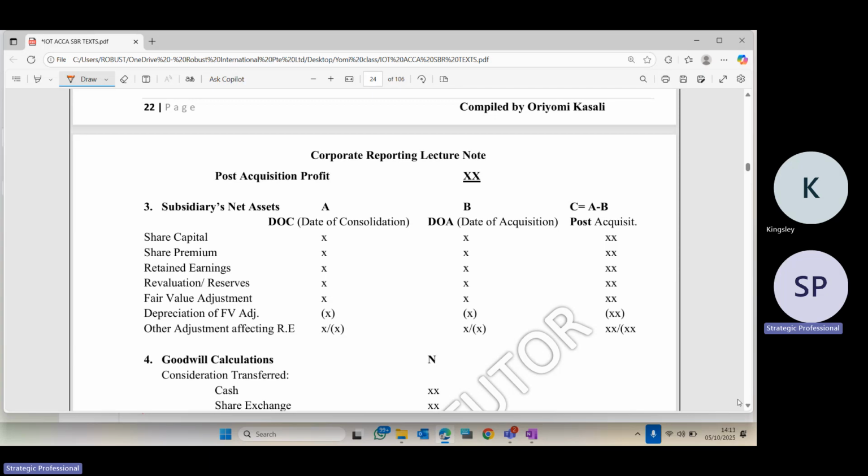Every asset, the net asset of the subsidiary, as we said earlier, is really what we are acquiring. So in order to do that, we are going to be picking the share capital of the company, as a DOA, as a DOC.